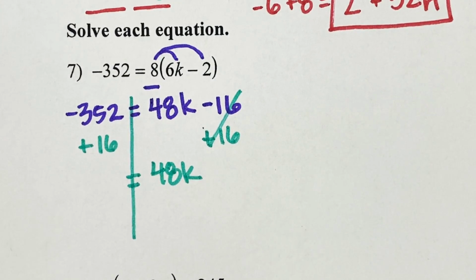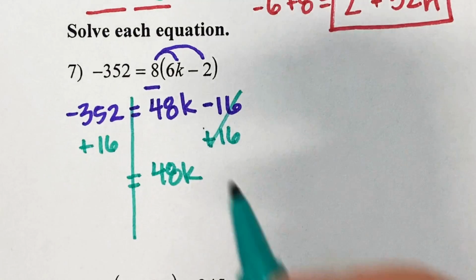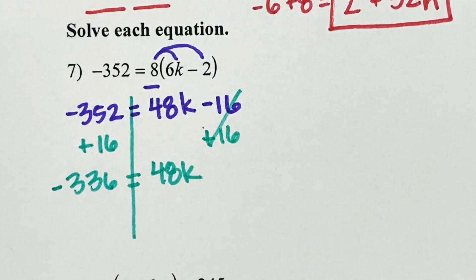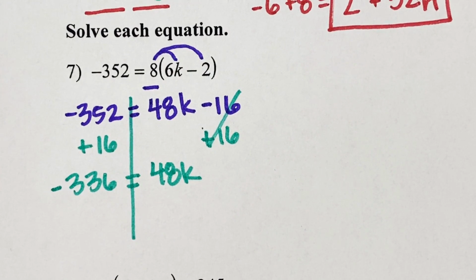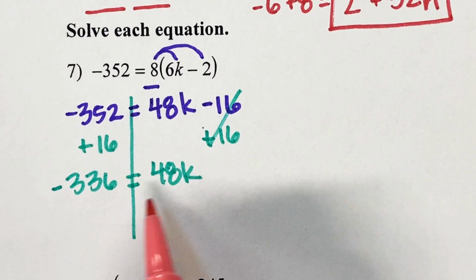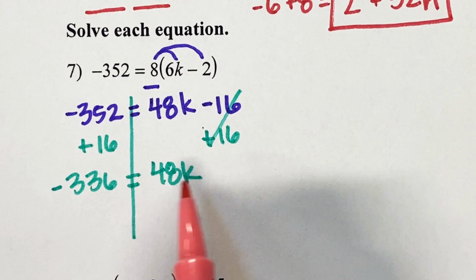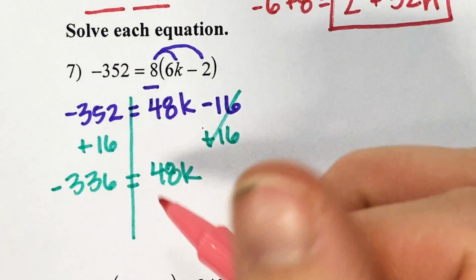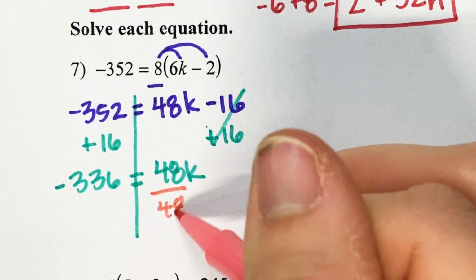And I'm going to put this in my calculator. You're always welcome to use a calculator. Negative 352 plus 16 is going to give me negative 336. So now, my very last step, how do I get rid of times by 48? What's the opposite of times by 48? We divide by 48.